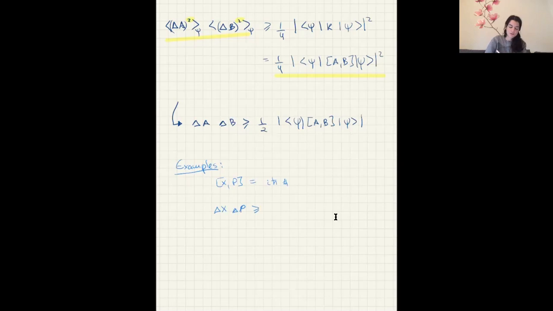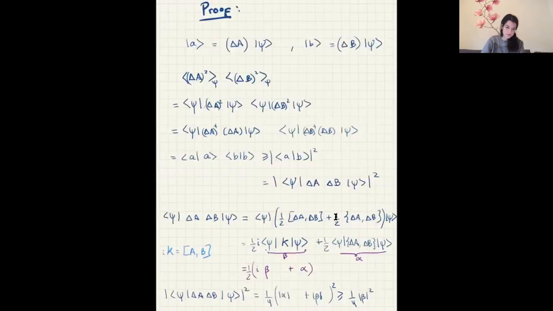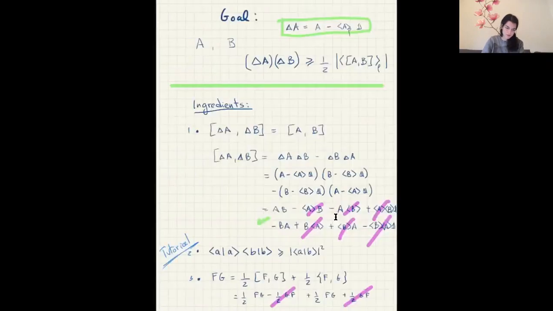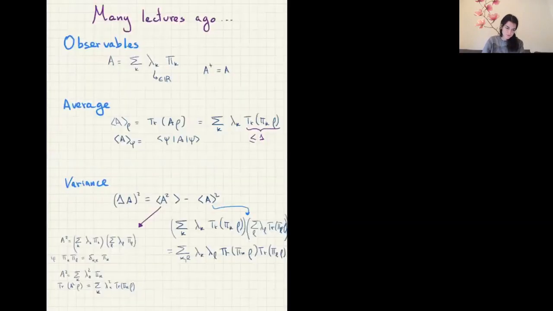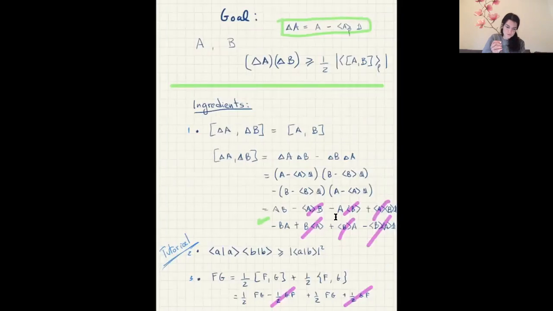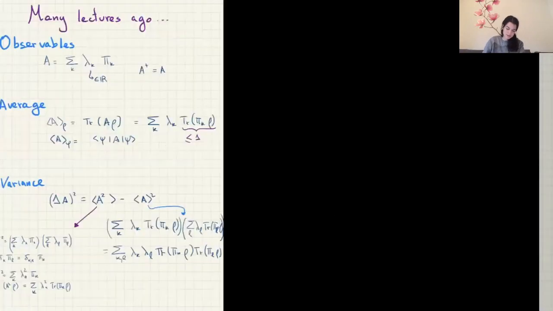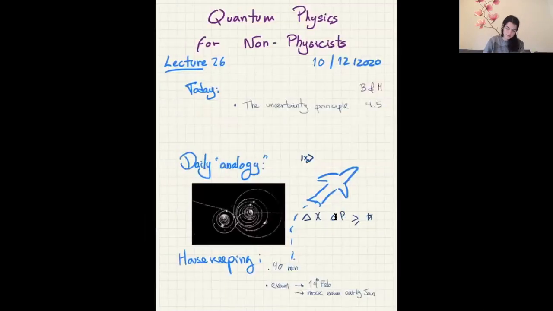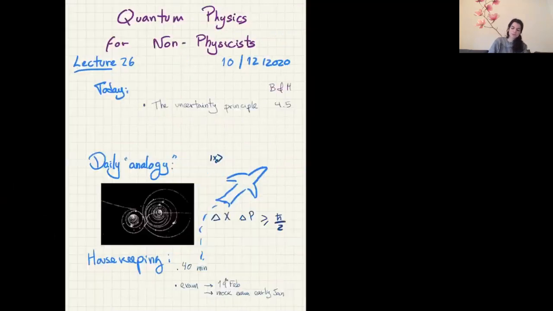Then we know that the product of the variances is always going to be larger than h bar over 2. Yeah. Oh, yes. Sorry, I forgot a sign of a half a long time ago. Yeah, this is correct. And here is missing. Good.